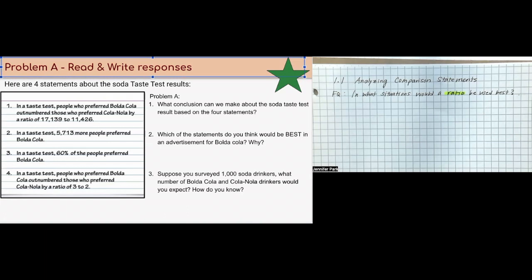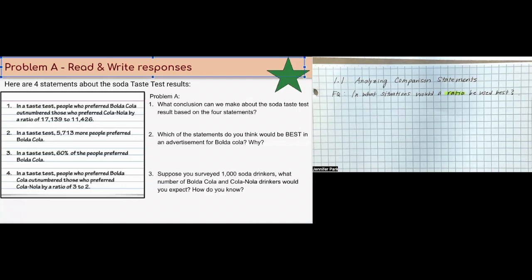Number 2, in a taste test, 5,713 more people preferred Bolda Cola. Number 3, in a taste test, once again, 60% of the people preferred Bolda Cola. Then number 4, in a taste test, people who preferred Bolda Cola outnumbered those who preferred Cola-Nola by a ratio of 3 to 5. I'm sorry, 3 to 2.